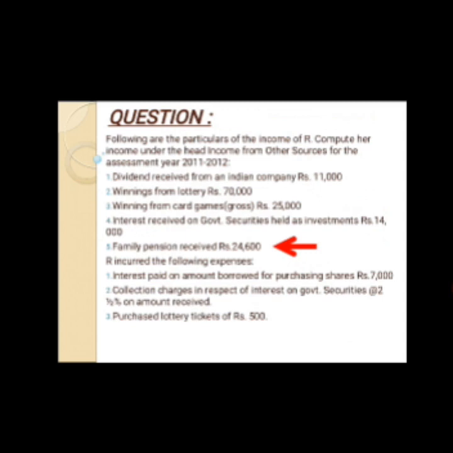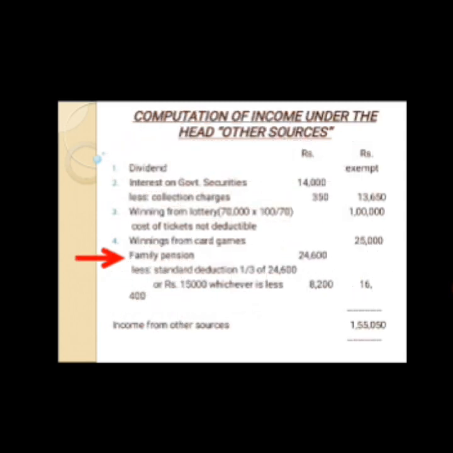Fifth income source is family pension received, rupees 24,600. In the solution, we should calculate deduction by applying its rule, that is 1/3 of pension received or rupees 15,000, whichever is lesser, is the deduction. If we calculate 1/3 of 24,600, we get 8,200.